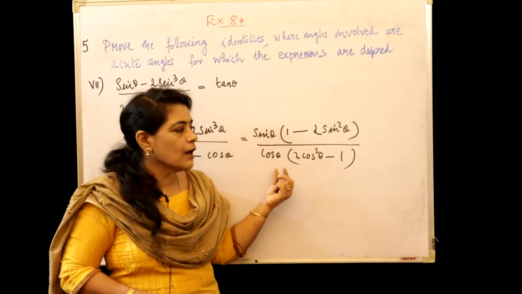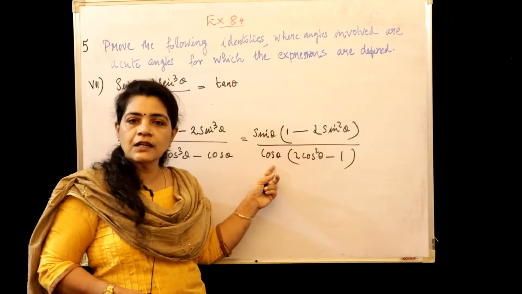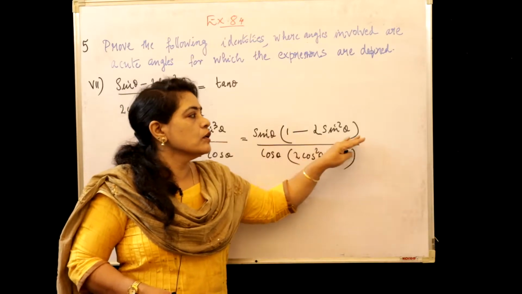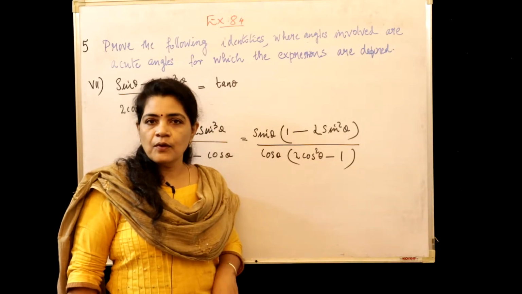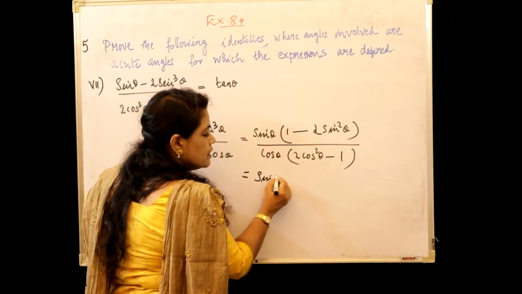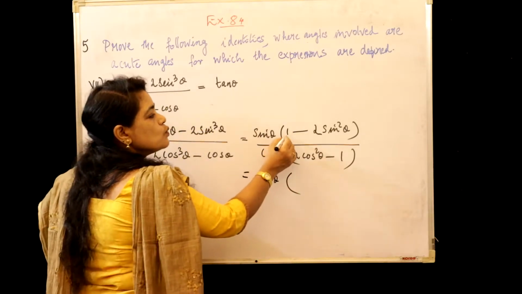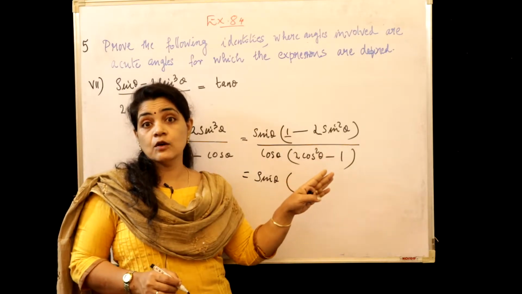So I am not making any change to this sin theta in the numerator and cos theta in the denominator. We can work on the second fact, that is 1 minus 2 sin square theta. For that, sin theta, no change children, and for this 1, here we have the expression in sin square and cos square.